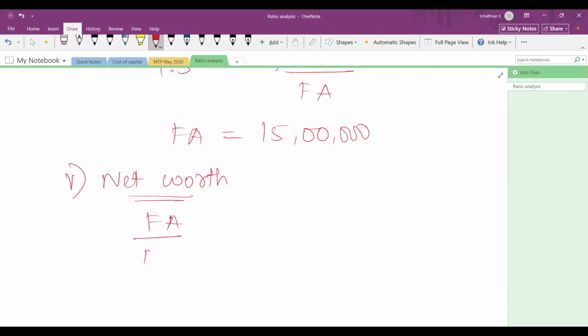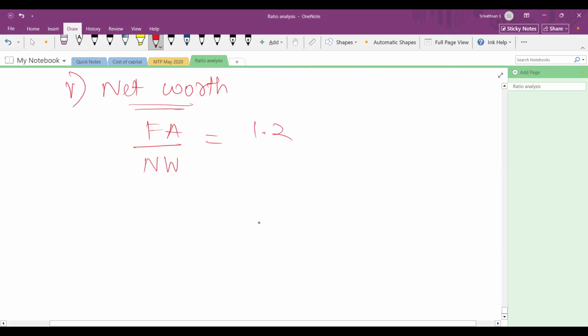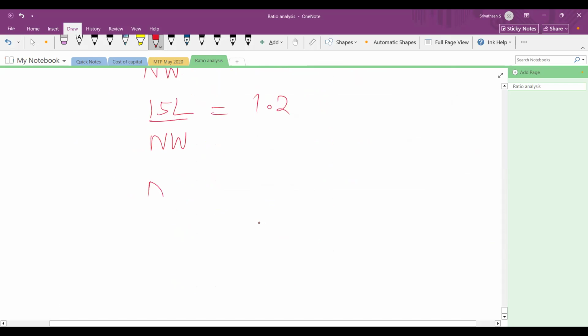Fixed asset to net worth is equal to 1.2. So 15 lakh by net worth is equal to 1.2. What is net worth? 15 lakh by 1.2. 12 lakh 50,000. Clear? Any doubt in this?